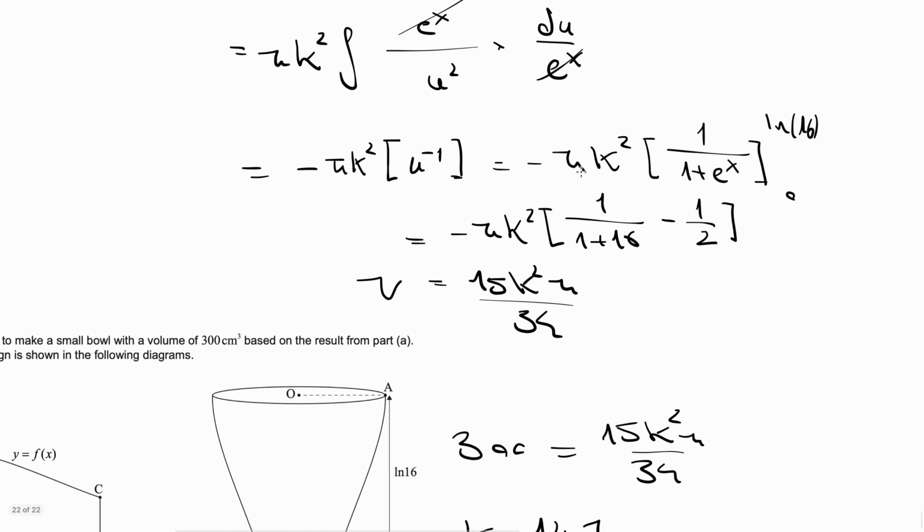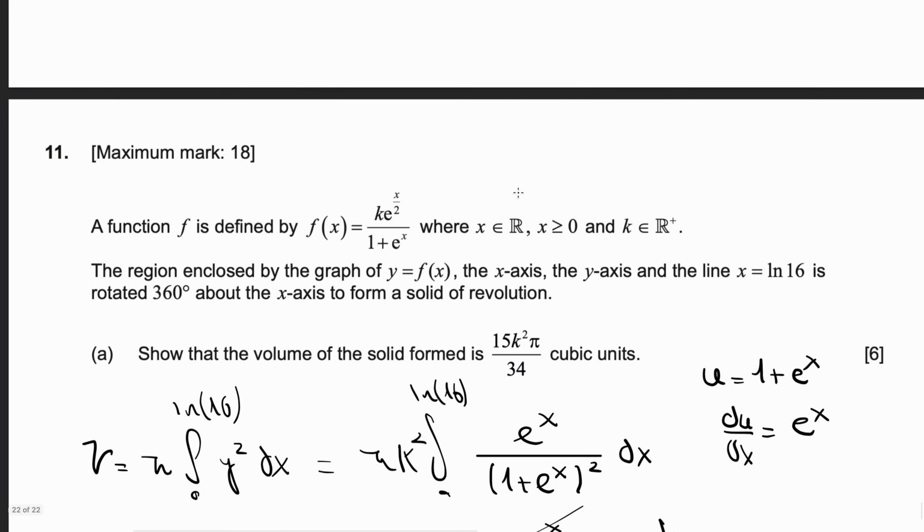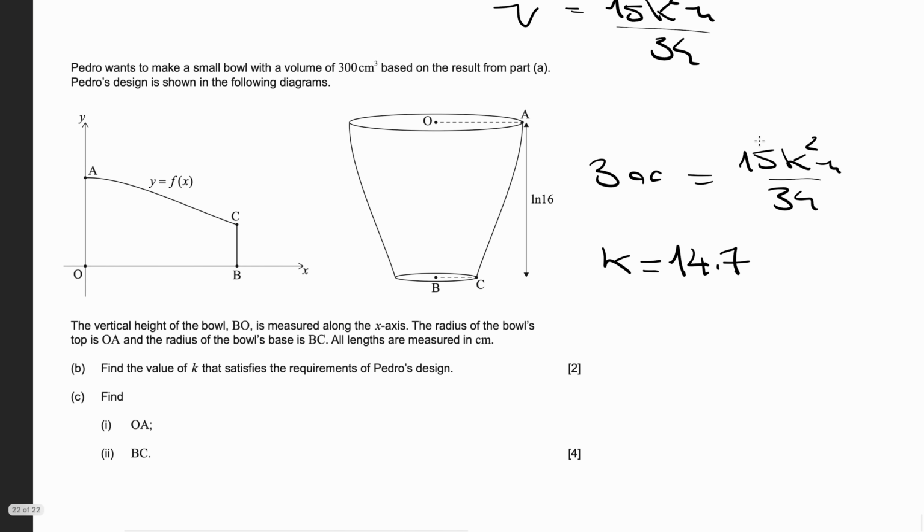So f of 0 is equal to 14.7 e to the power of 0, which is 1, over 1 plus e to the power of 0, which is 2. So f of 0 is simply 7.35, right? So your OA is 7.35 centimeters.